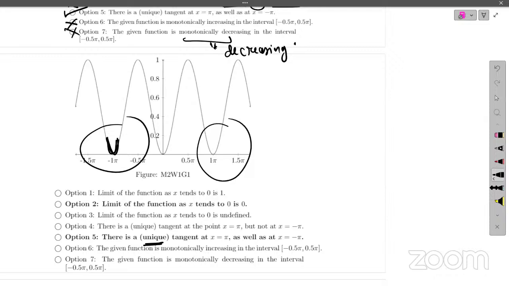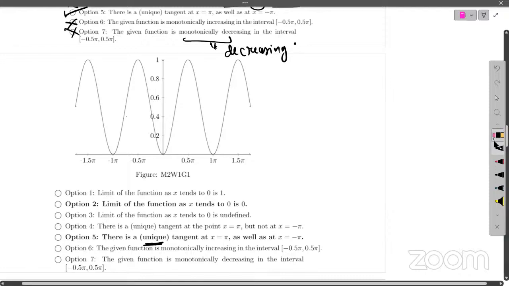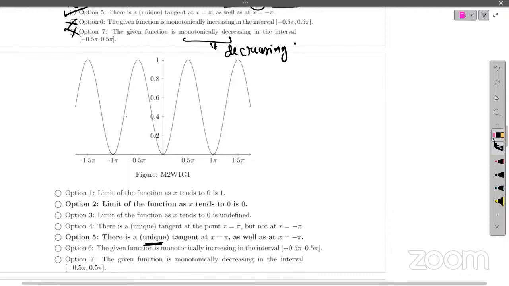Similarly at minus pi also, there is some parabola or x to the even power type of behavior. So this is a differentiable function, and whenever we have a differentiable function at a particular point, there always exists a unique tangent, and we can explicitly calculate the equation of the tangent at that point. So that's the reason for uniqueness. If the function is differentiable, it has a unique tangent, correct. Okay, fine.